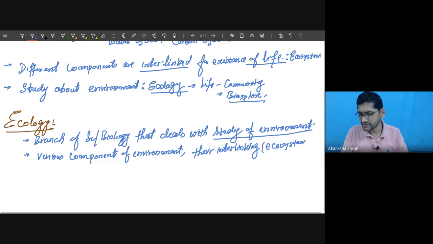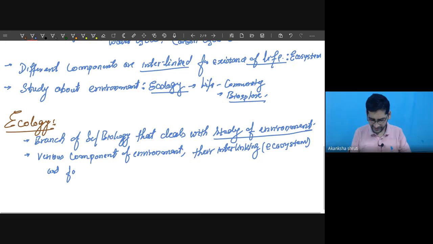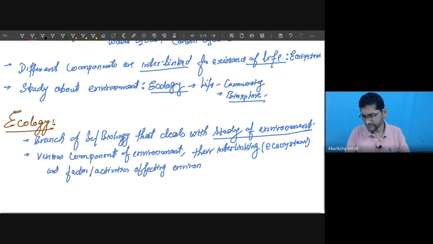So it includes the study of ecosystem, their interlinking, the factors affecting this, and the factors or activities affecting the environment. Okay, so it is called ecosystem.